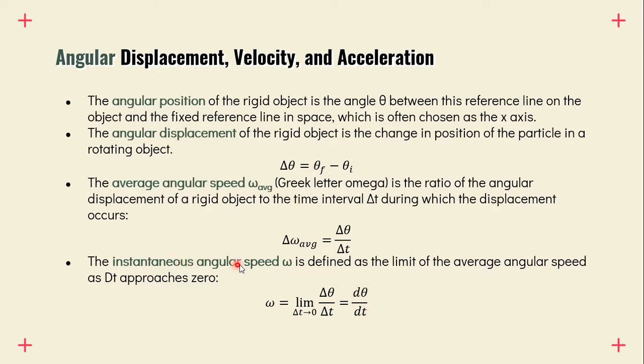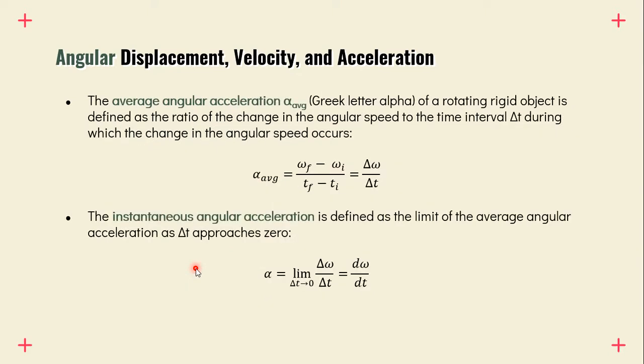As usual, when we refer to speed, if the symbol for speed is just omega with no subscript avg, that means that the speed pertains to the instantaneous angular speed.